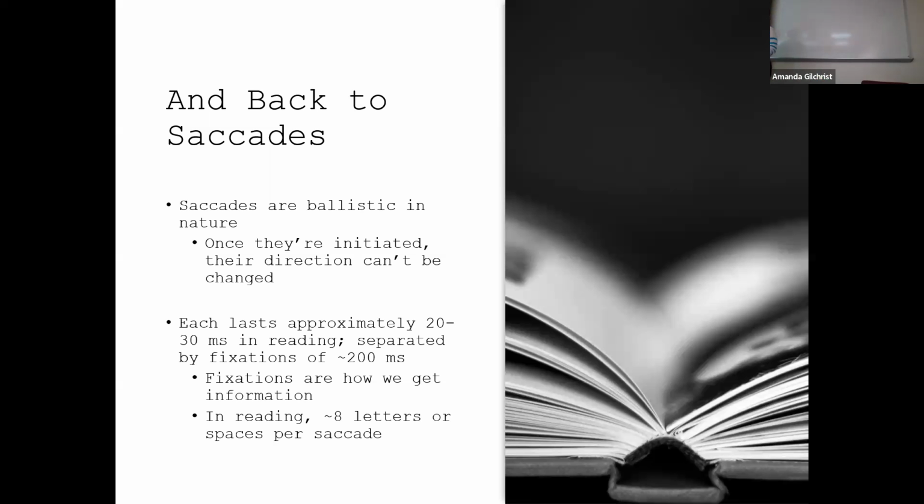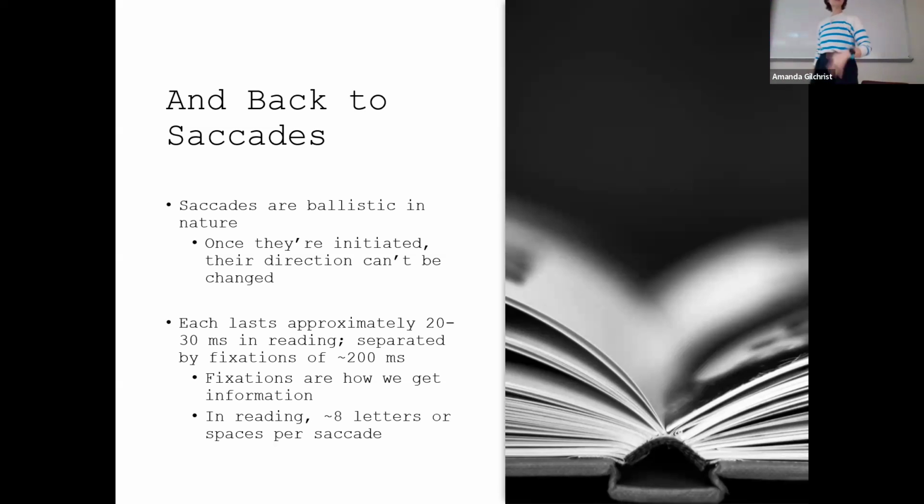Much as a ballistic missile cannot change its direction once it fires, once a saccade is initiated, its direction cannot be changed. So if you misdirect, you're going to have to wait until that saccade is over and then reorient yourself to the proper focus.